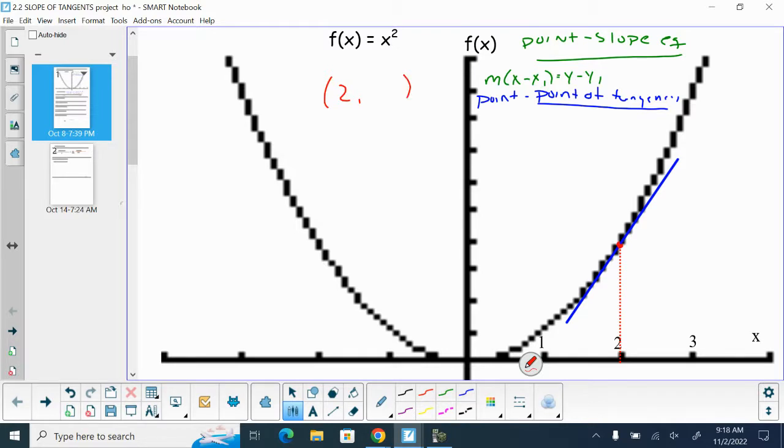What's the y value going to be at that point of tangency? How'd you get it? Okay. We could follow over to the axis here. That would be one way. What if it's not easy? How else can we find that point of tangency? Plug it in. Yeah, plug it in.